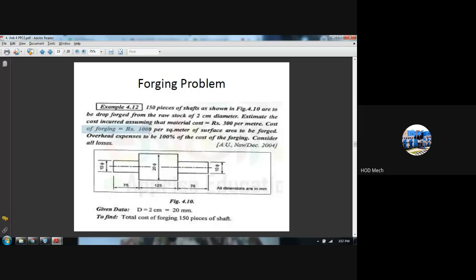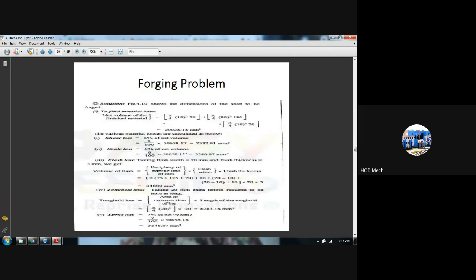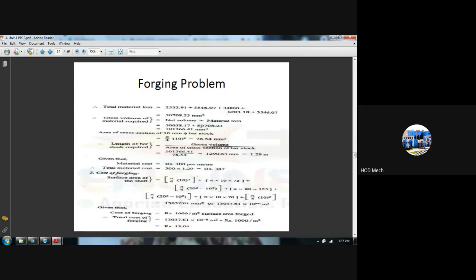Cost of forging என்ன கொடுத்திருக்கா? 1000 per square meter of surface area. So what you are doing, in the answer 1000 per square meter, multiply பண்றீங்க with this given answer. So when you do that you will get the cost of forging as 13.04.